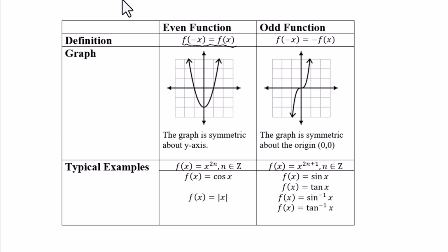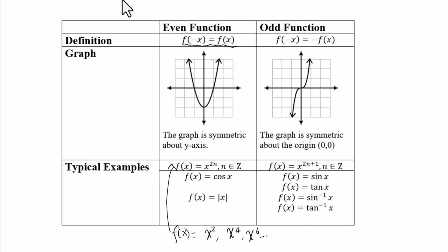Typical examples. F of x equals x to the 2nth power. N is all integers, which means f of x equals x squared, or x to the 4th power, or x to the 6th power.